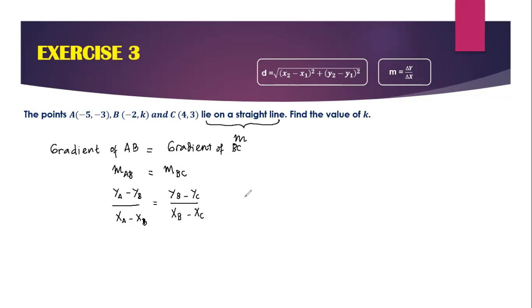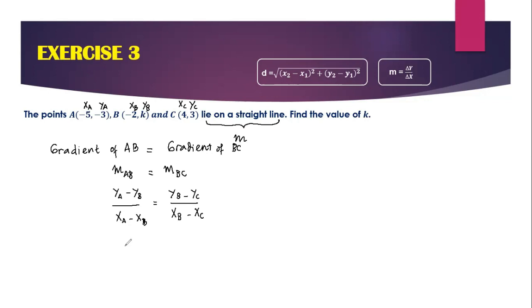Is it clear to you, everyone? Okay. Yes. This one is XA, YA, XB, YB, XC, YC, right? Okay, now our job is to insert all these numbers into the formula.